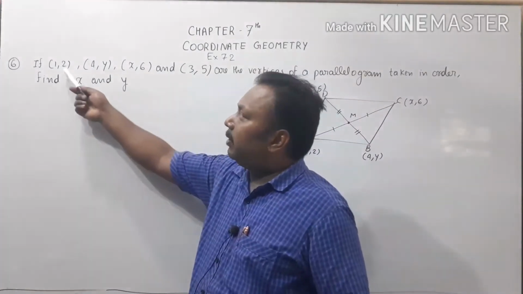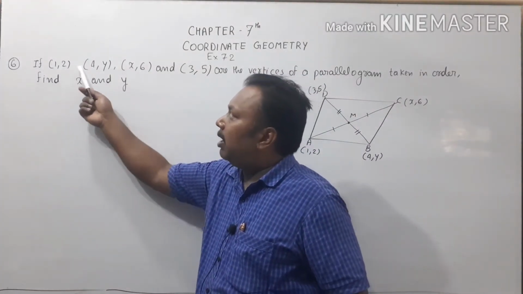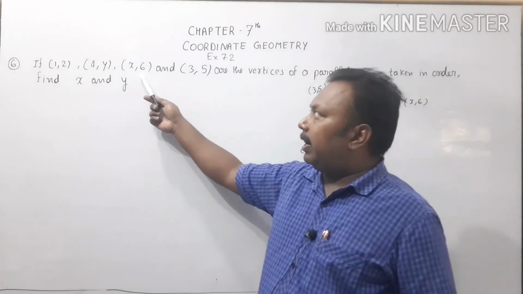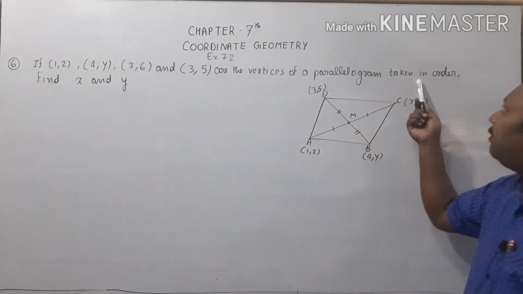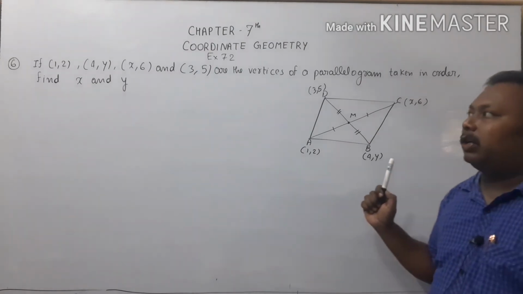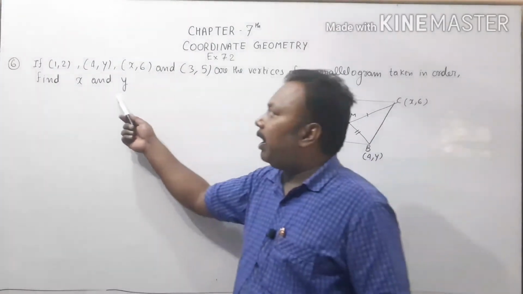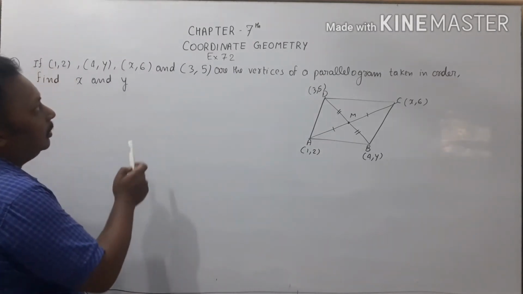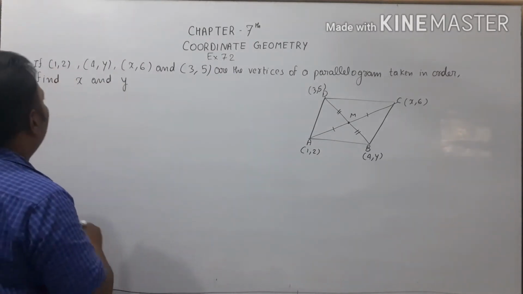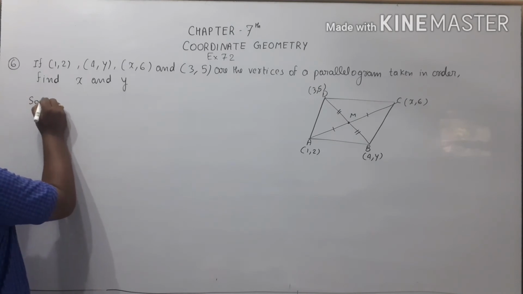In this sum, if (1, 2), (4, y), (x, 6), (3, 5) are the vertices of a parallelogram taken in order, find the value of x and y. So in this question, these are the vertices of a parallelogram.